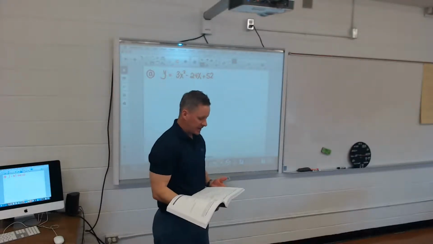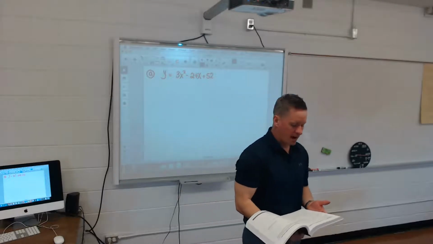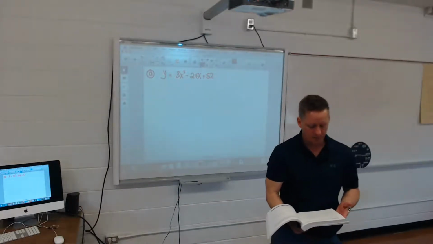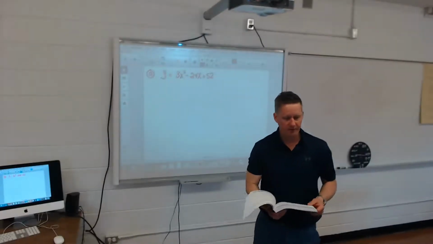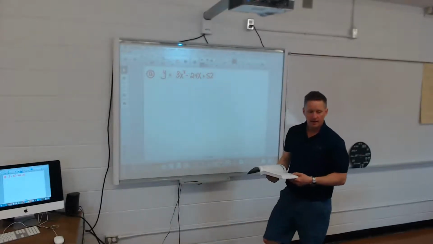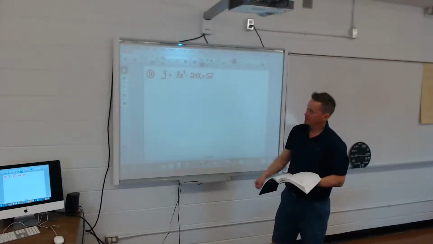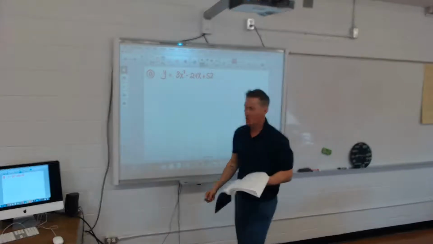So again, it's not the same as the book. The book has a -y in there. Well, I added y to the other side, and I added 52, and I rewrote it. To me, that's just saving 1 or 2 steps along the way.